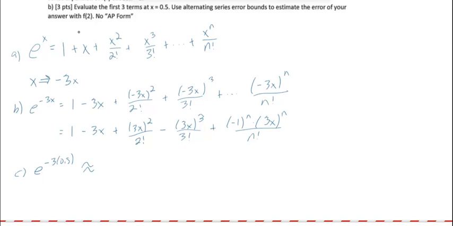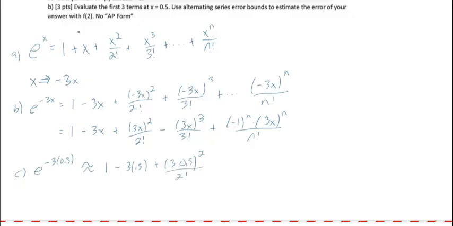You would need all of the infinite number of terms to have it be equal. All right, I get 1 minus 3 times 0.5, and then plus 3 times 0.5 squared over 2 factorial.